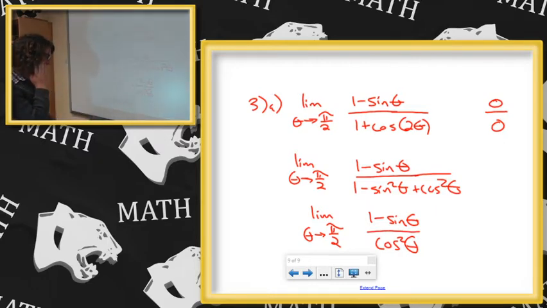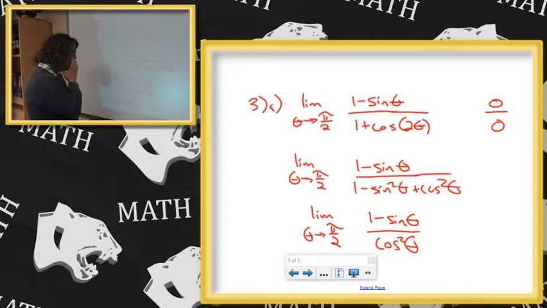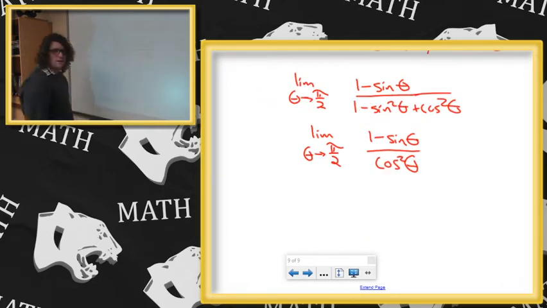Now, what ends up happening here is now I can see that the denominator of this function is going to be 0 squared. So, still 0 over 0 in this case. Well, that didn't do anything, did it?